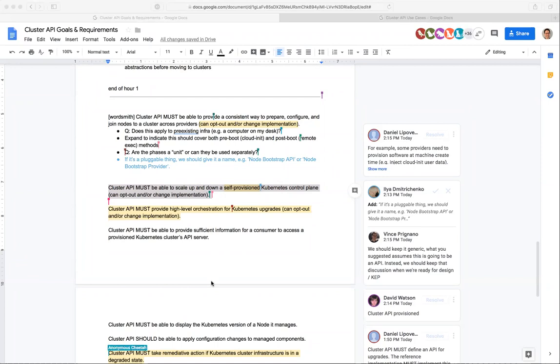Well, if I'm going from nothing to I want a production ready cluster, I assume you're going to start with a single control plane instance, but that's not sufficient. So the scaling up here is I've got my one member, and now I want to add members 2 and 3.